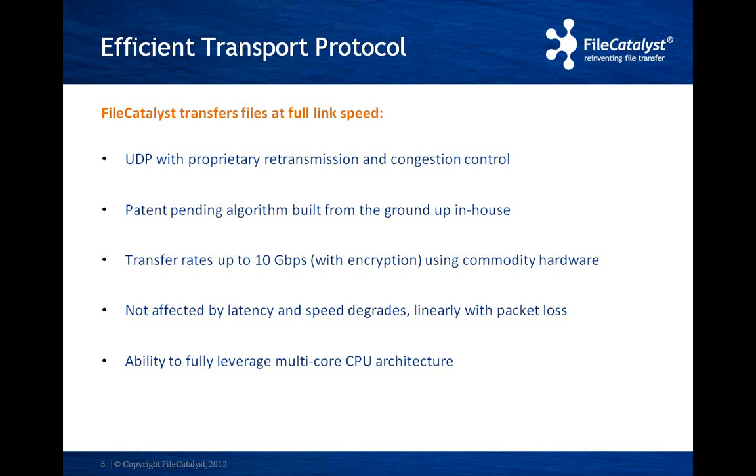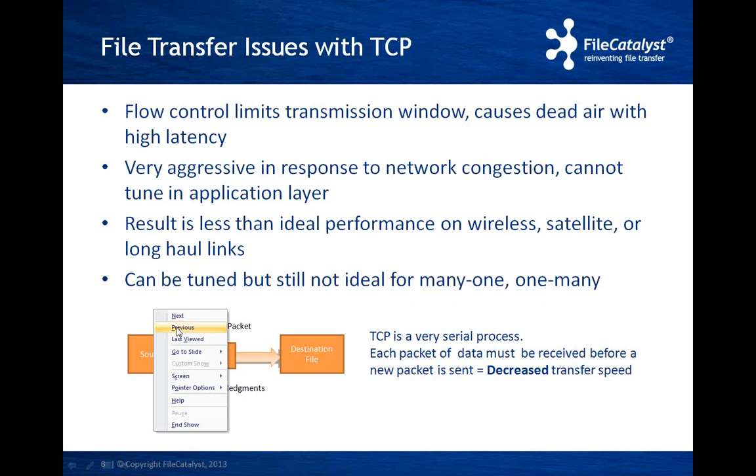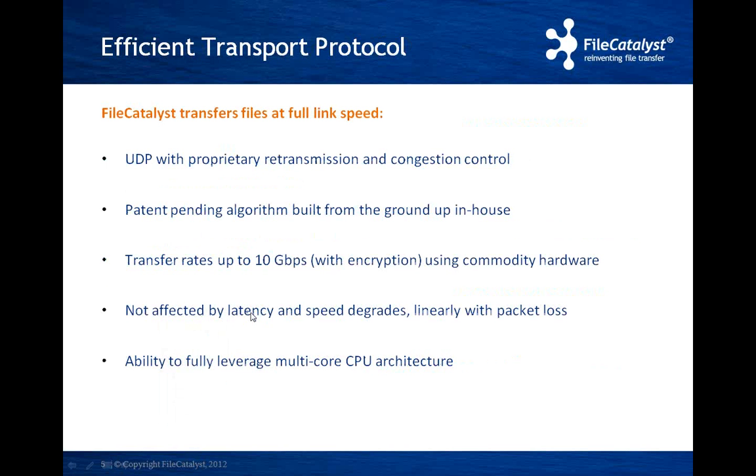The biggest thing about the protocol is that it doesn't degrade with latency. As the latency on your network increases, TCP slows down very quickly. With our protocol, this doesn't happen, so you can send files as fast as possible, regardless of your geographic location.